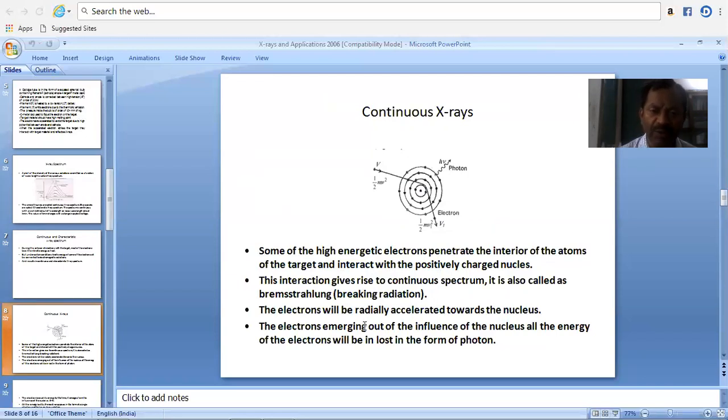It is also called Bremsstrahlung or braking radiation. The electrons will be radially accelerated towards the nucleus. As the electrons emerge out of the influence of the nucleus, all the energy of the electrons will be lost in the form of a photon, that is equal to h nu, that was shown here.